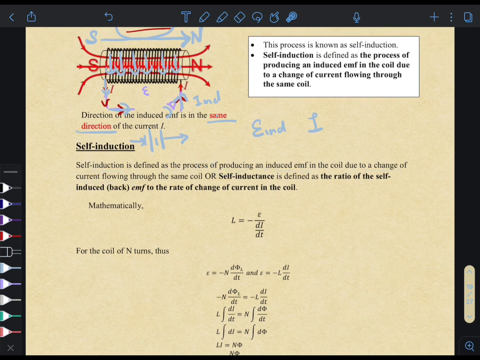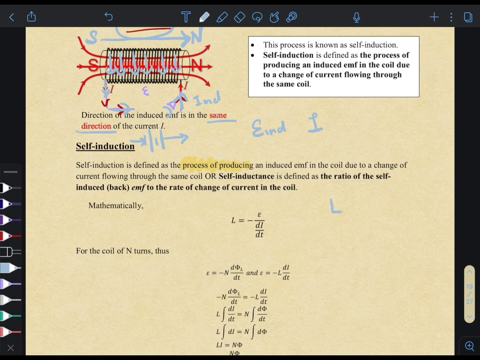Definition yang sama. So, ini adalah dia punya proses. Okay, dia kata is defined as the process of producing blah blah blah. Okay, ataupun self-inductance. Self-inductance, self-induction, dua benda yang berbeza. Self-inductance is defined as the ratio of the self-induced EMF to the rate change of the current in the coil.